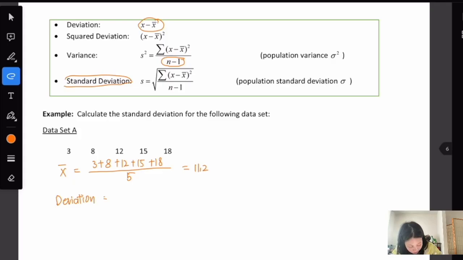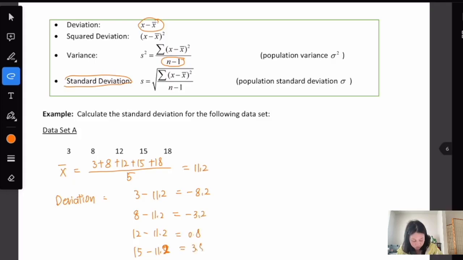Our deviation, we have 3 minus 12.5, 8 minus 12.5, 11.2, and then 12 minus 11.2, 15 minus 11.2, 18 minus 11.2, and that equals the distance. Now, we want to square.